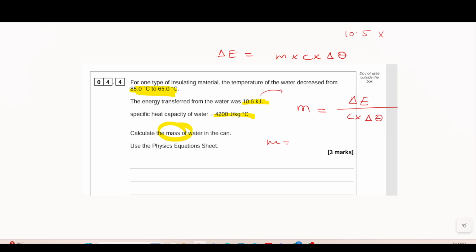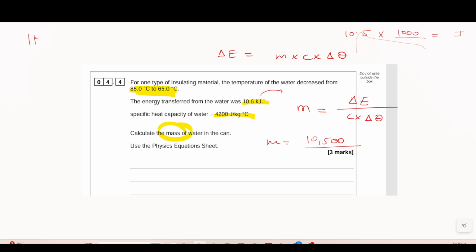Is it times 1,000? Yes, times 1000. 10,500, because 1 kilojoule equals 1000 joules.